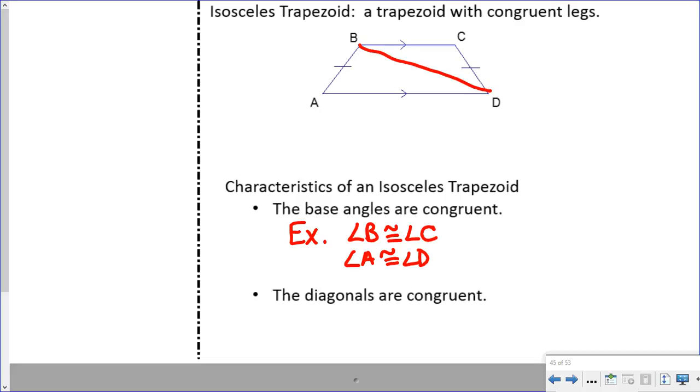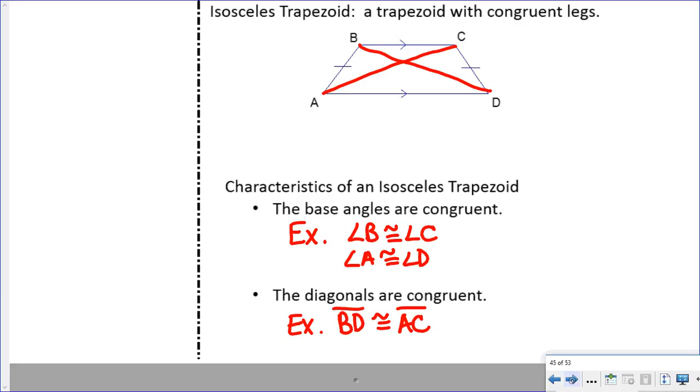So if I drew in the diagonals in my example, then segment BD would be congruent to the other diagonal, segment AC. Now, I can't even put the single slashes on all four of these because in a trapezoid, we don't know if the diagonals bisect each other, and they actually don't. Okay, so we would just have to say segment BD is congruent to segment AC and not have a way to mark it.